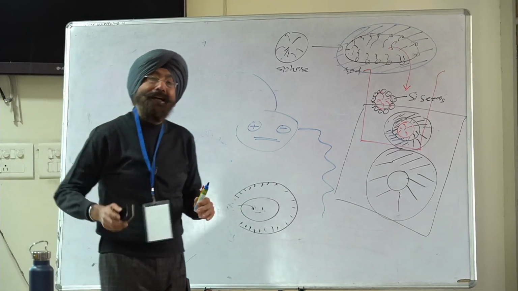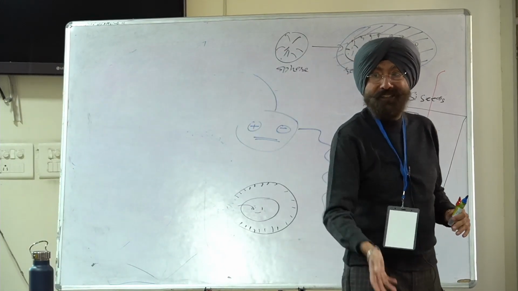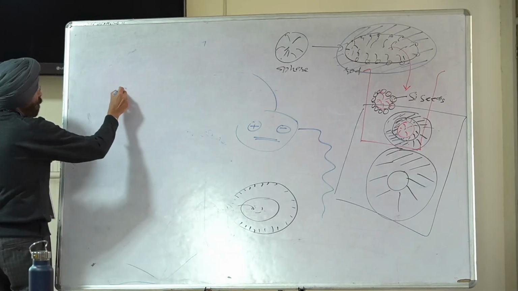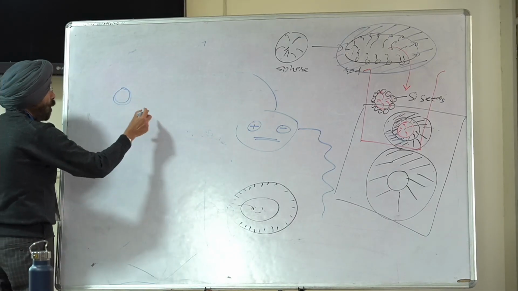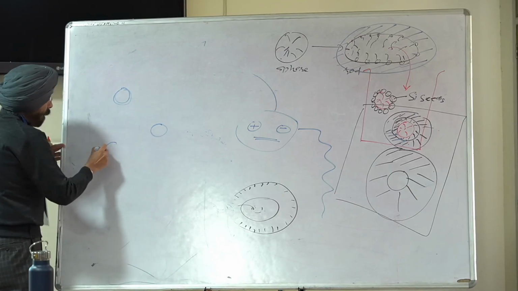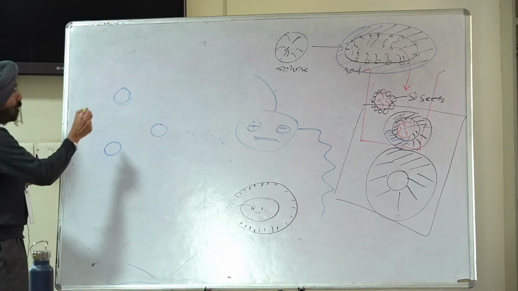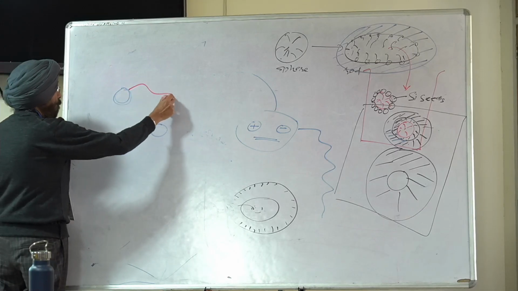Actually, there was another diagram which I've not included in the slide, so I'm going to draw it now. This is magnetic nanoparticle. The protein is something like this.